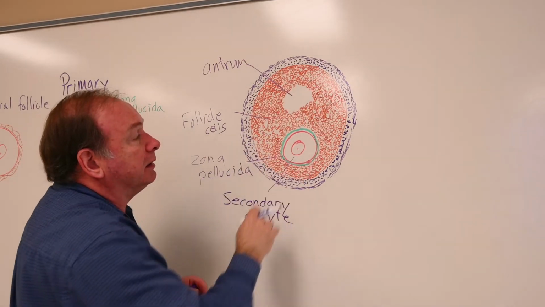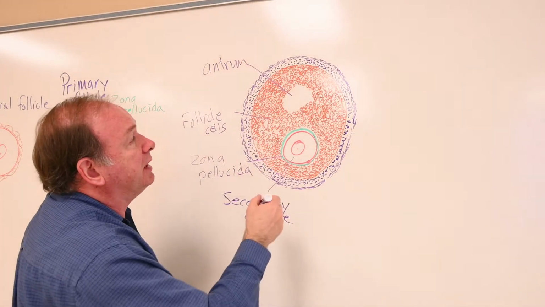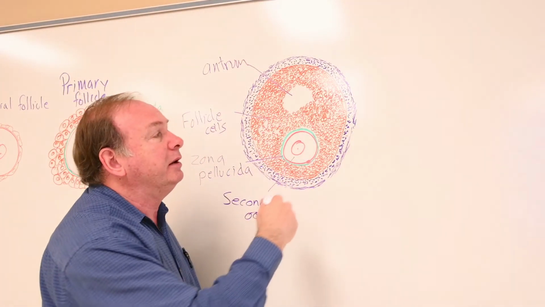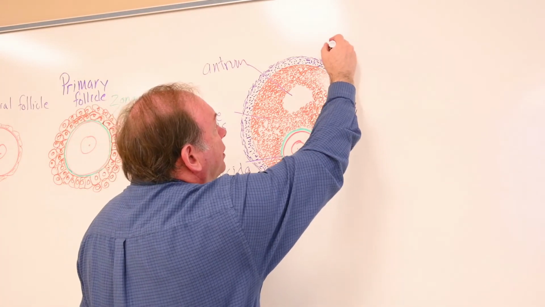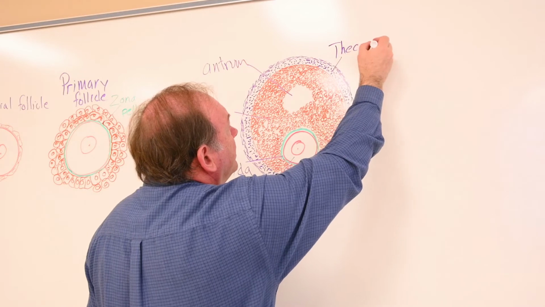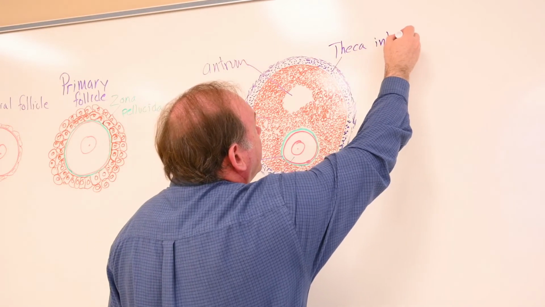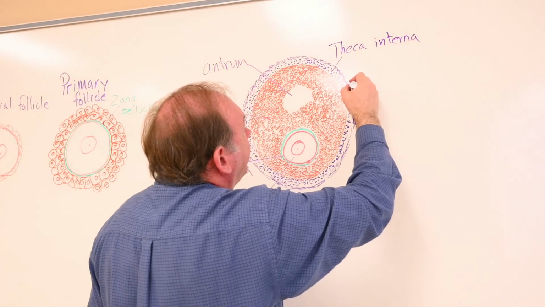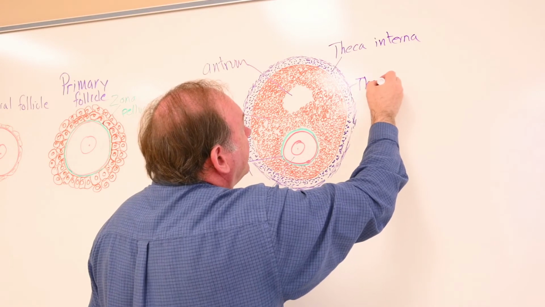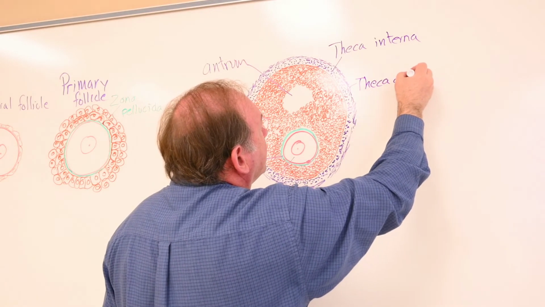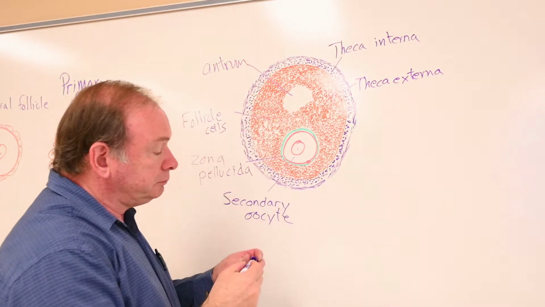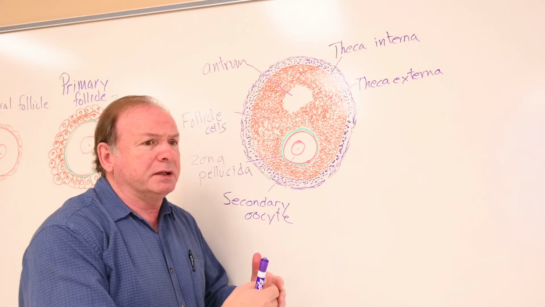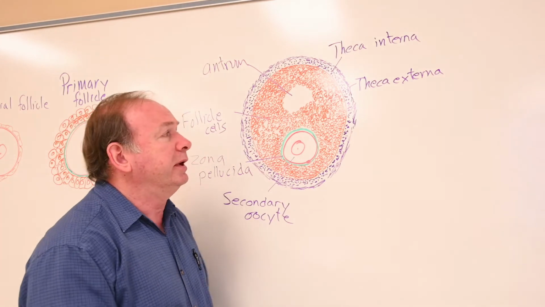Outside of the follicle cells, we now have some organization of the highly cellular connective tissue that occurs out here with two zones. We have what's called the theca interna and then a theca externa. Theca is another name for like a shell or covering around something.